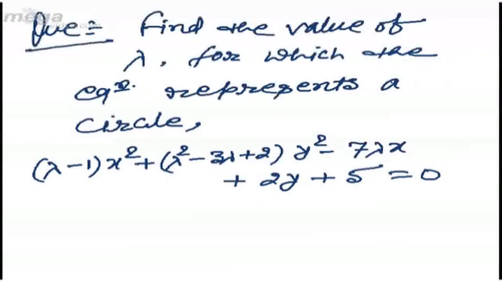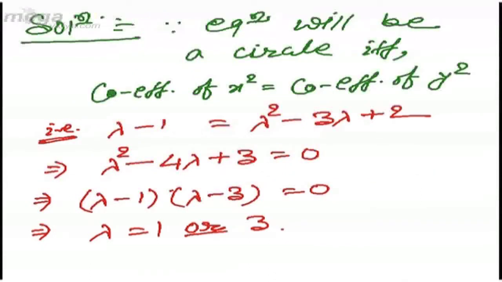Now it becomes only minus 7x plus 2y plus 5 equal to 0, which is not the equation of a circle. I think, student, you know that a linear equation always represents a straight line, so it will not be the equation of a circle.